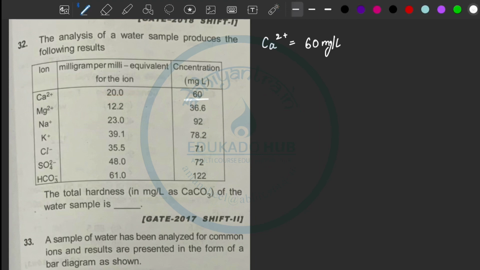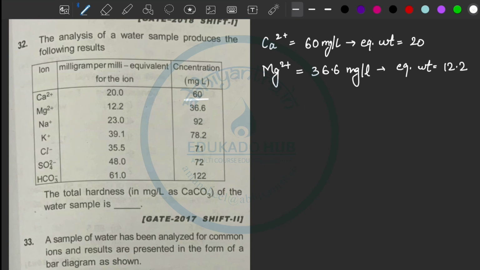So equivalent weight is equal to 20 milligram per milliequivalent of the ion. And for Mg2 plus, they have given concentration 36.6 milligram per liter and its equivalent weight is equal to 12.2.